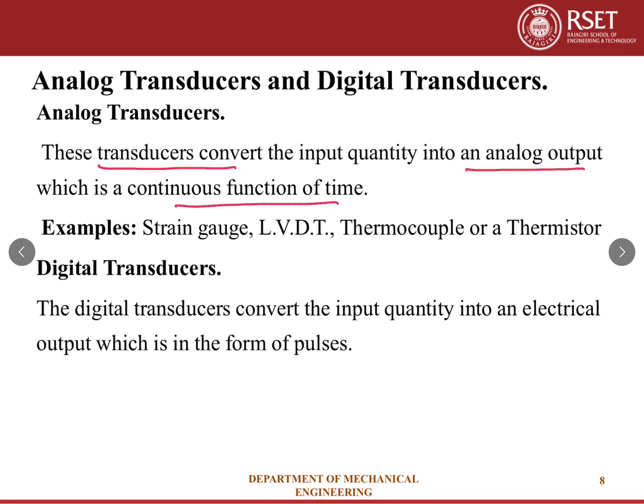Another one is the digital transducer, which converts the input quantity into an electrical output in the form of pulses. The output is a pulsed output, not a continuous one. That is a digital transducer.